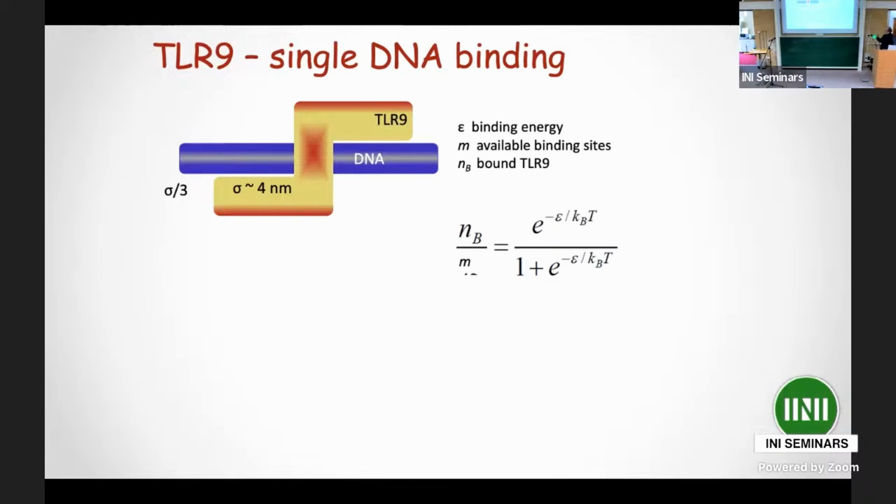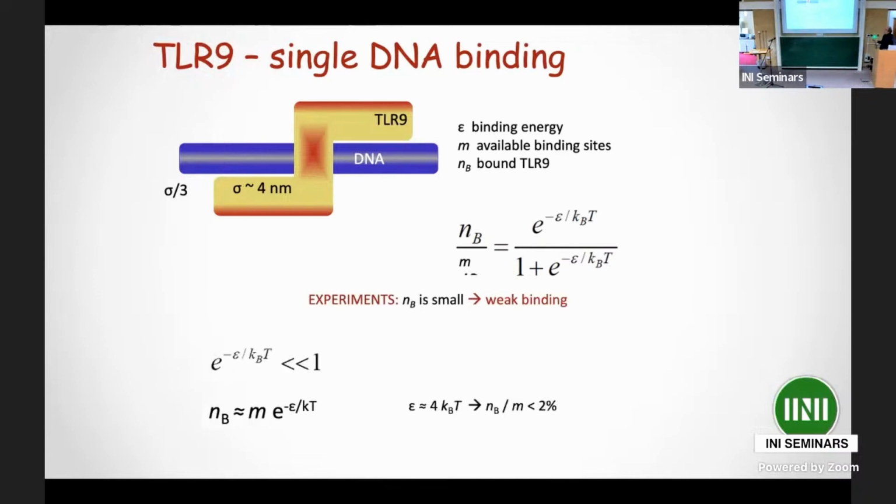But now we don't know exactly what this epsilon is. But if we believe the experimental information that for a single human self DNA there is almost no binding, then we know at least the limits of this epsilon.